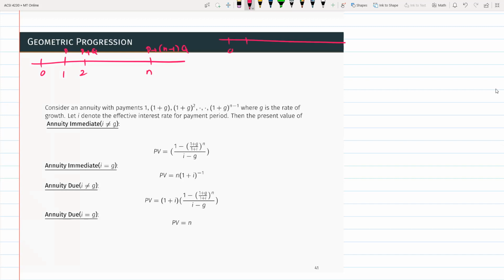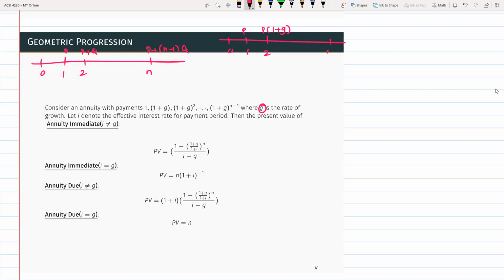You have at time 1 the payment P, and then at time 2 it is going to be P times (1 plus G). So G is the growth rate we are using, how the payments are growing.